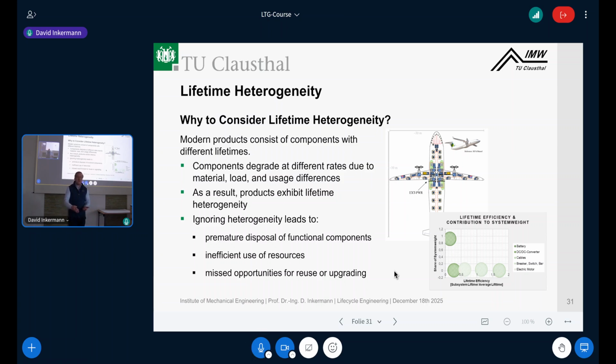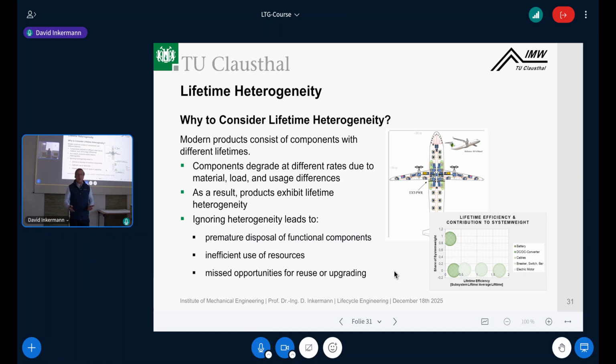And failed here means they have a very low capacity level, which is around 80% of the starting level. But that's not how you can economically operate an aircraft. Yes, normal aircrafts are used 25 to 30 years, the airframe, yeah, with different replacements and also upgrades.